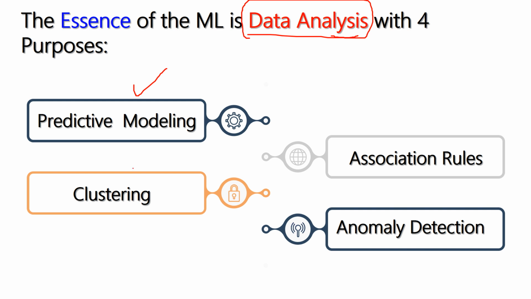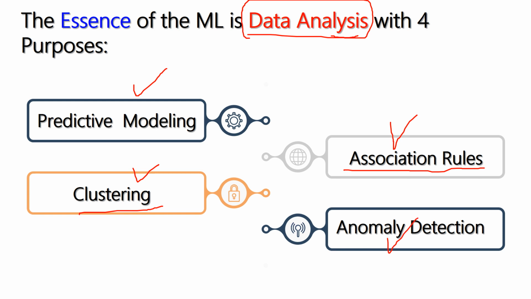The second is called clustering, okay, clustering. If you learn stats, especially advanced stats, that's called cluster analysis, okay? And the third one is called association rules. And the last one is called anomaly detection.